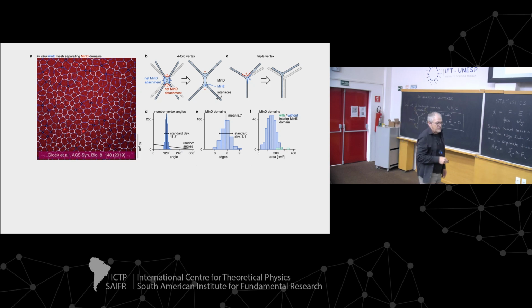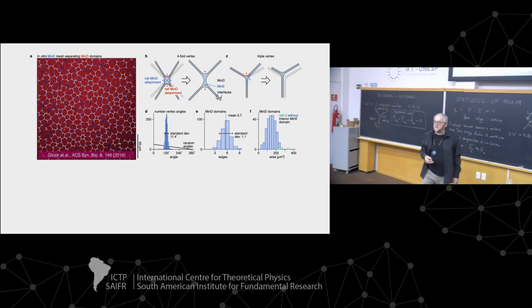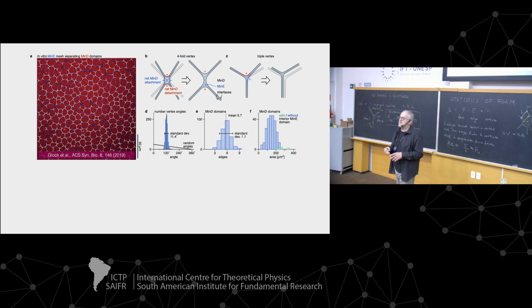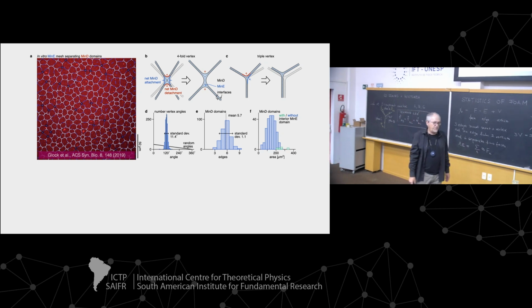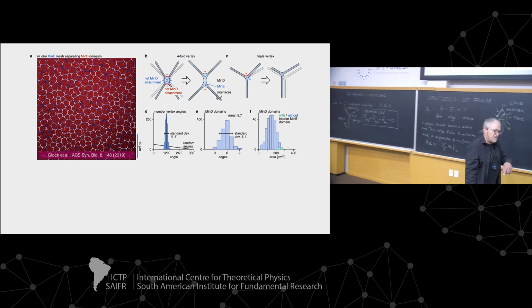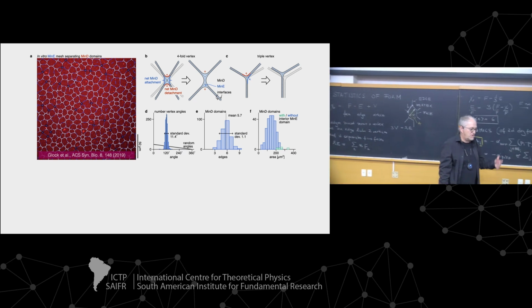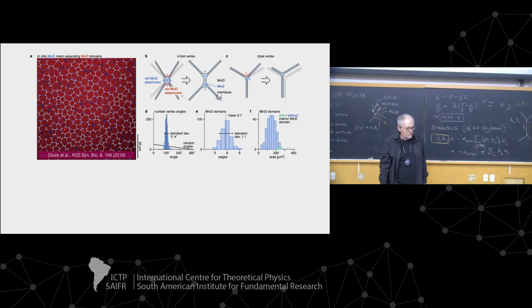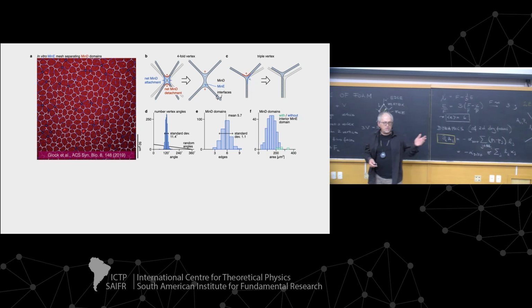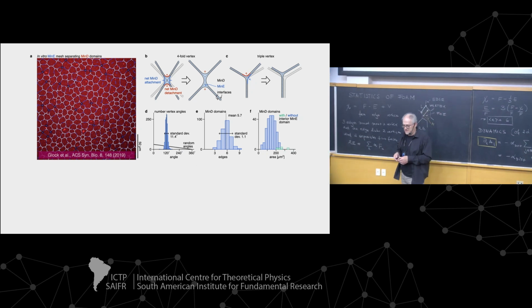Okay? So there might be additional effects, and not just the coarsening effects on which the foam physics is based, but some opposite effect, creating new bubbles or new domains, T1, T2 transitions, or similar things.